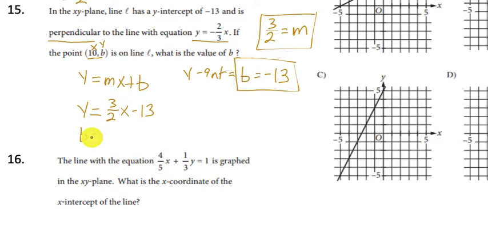Instead of y, I'm going to put b equals 3 over 2 times 10 minus 13. 10 divided by 2 is 5. 5 times 3 is 15. Minus 13 is going to be 2. So we find that the b of that ordered pair will be 2.